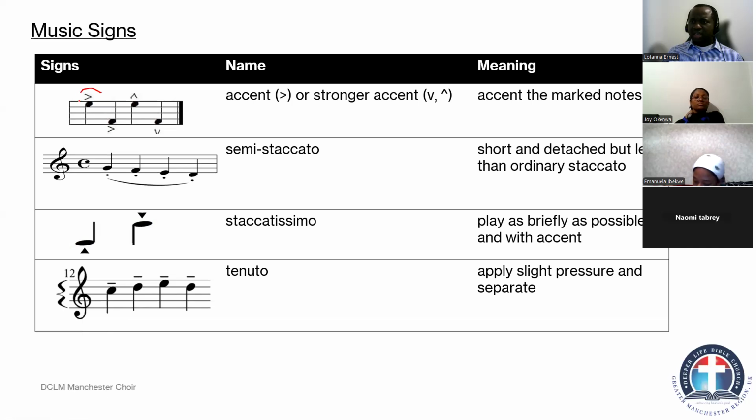This thing here, can you see it? Whether up or down, or this one that looks like an inverted V, if it is up, or a small v if it is down, they simply mean accent.